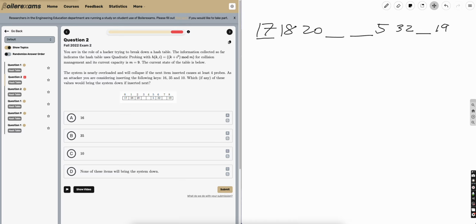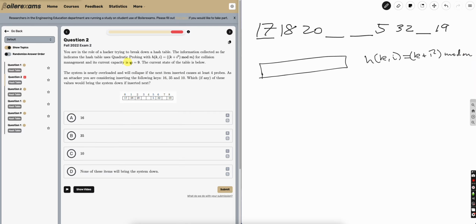So here we see that we are dealing with quadratic probing. What exactly is quadratic probing? Let me give a refresher. Quadratic probing has k and i as elements, so we have a hash function h(k, i) = (k + i squared) mod m.